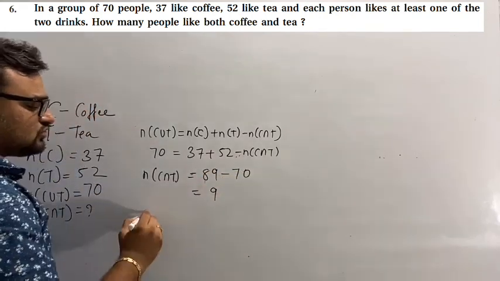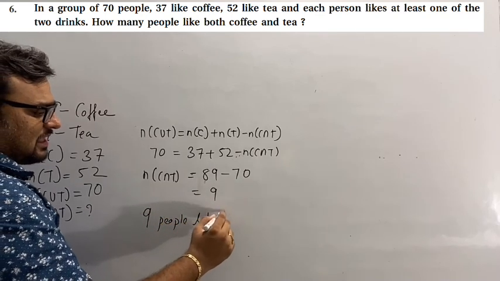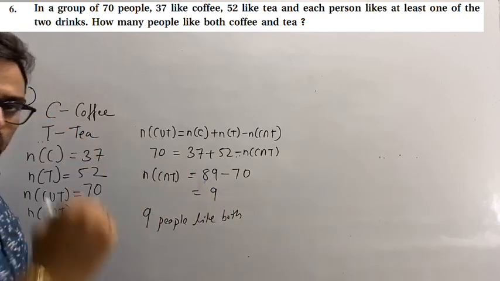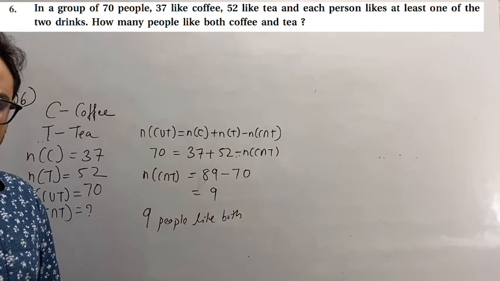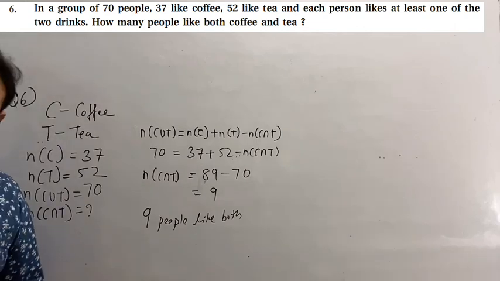So this will be equal to 9. So 9 people like both. Clear? So this was about question number 6. So note down question number 6.